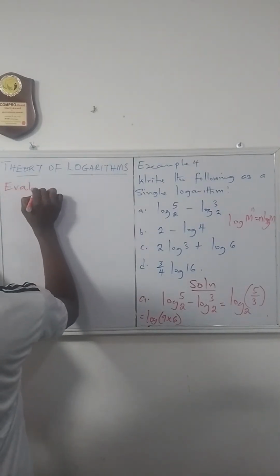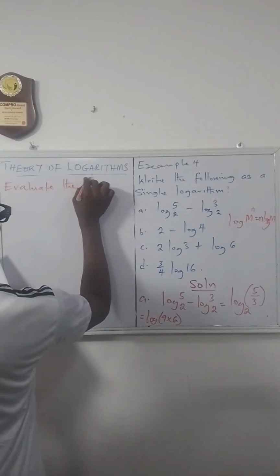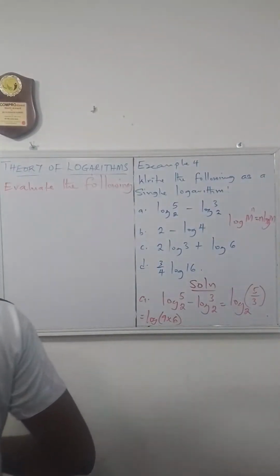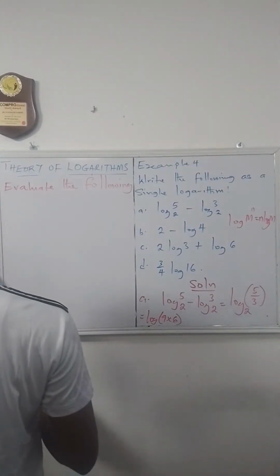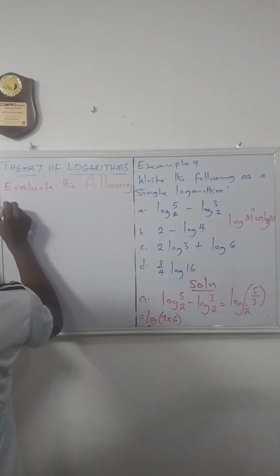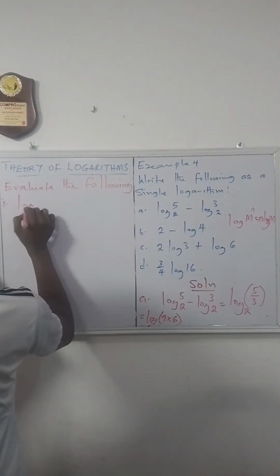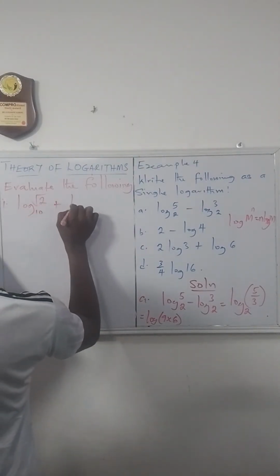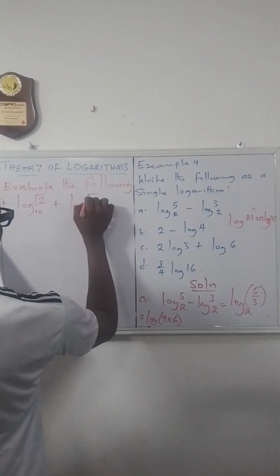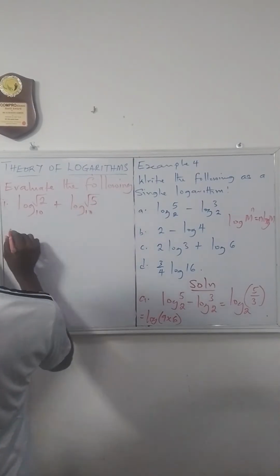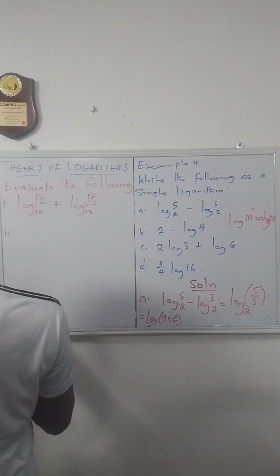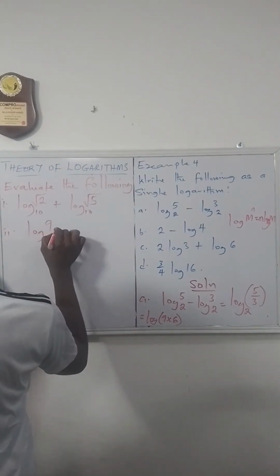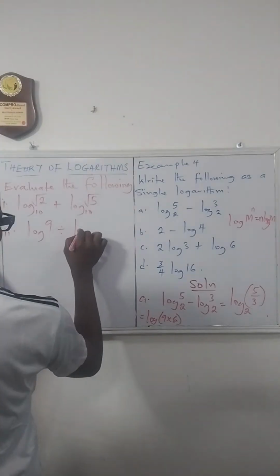Evaluate the following. We have Roman numeral 1, logarithm of square root of 2 base 10 plus logarithm of square root of 5 base 10. 2, logarithm of 9 divided by logarithm of 3.